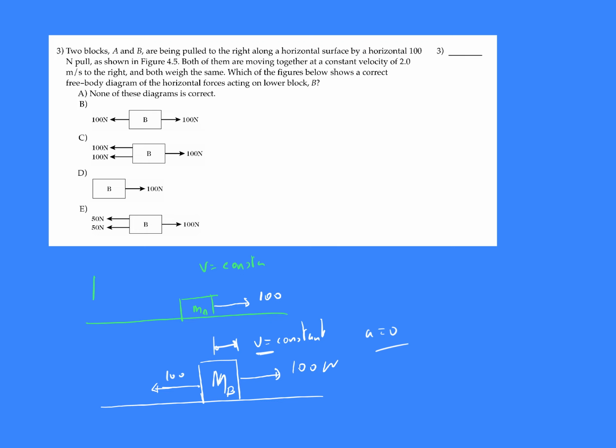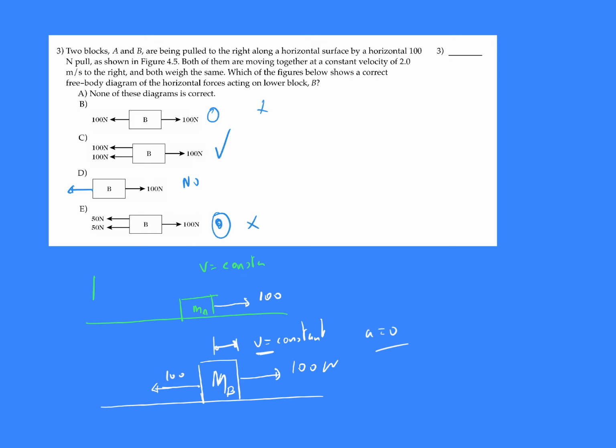So what is the result? This one is not. This one could be, this one could be, and also this one could be. This one, no, because I need 0 acceleration, so I need 100 newtons going to the left. So these two are possible.